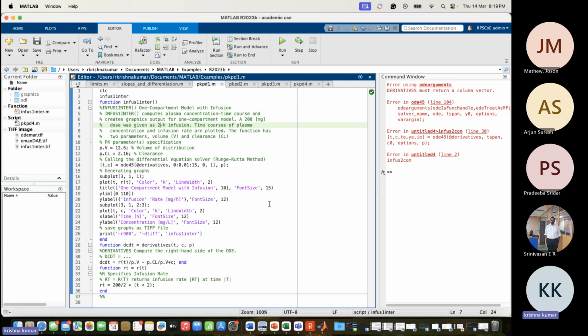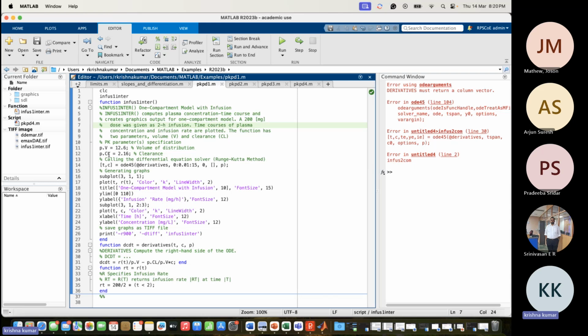Let us look at something slightly more involved, but doesn't matter. I'll repeat it in the next class. There are two things that are important. Remember my equation. There is a volume, and there is a quantity called clearance, CL. Now, P dot V means I'm going to define a vector consisting of V and CL.